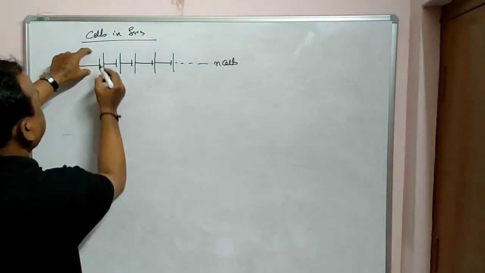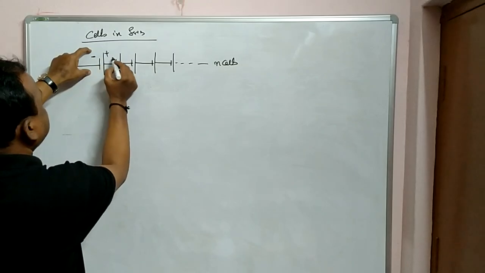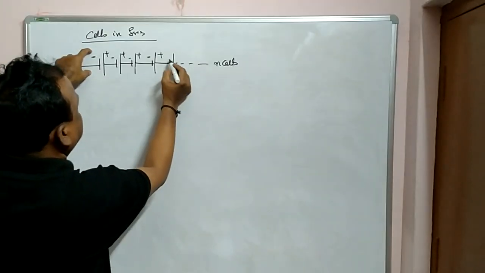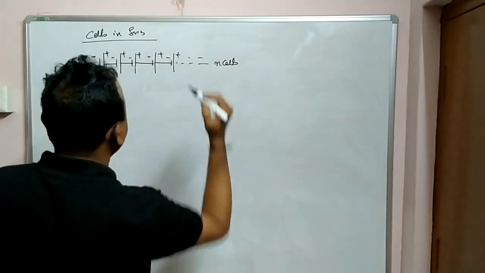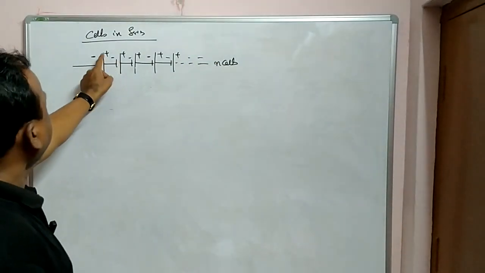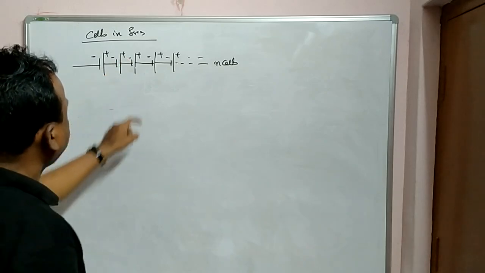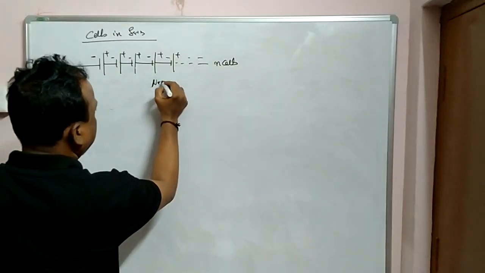If you observe the pattern, it is minus, plus, minus, plus, and so on. One plus, another minus. Again plus, minus. So this is the normal way.